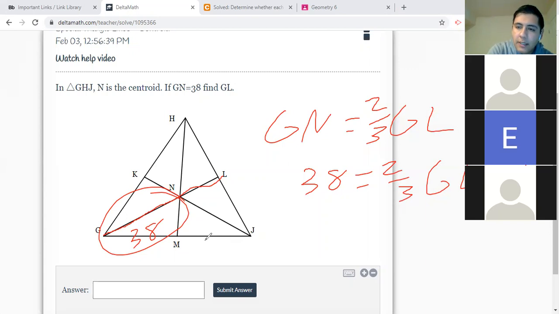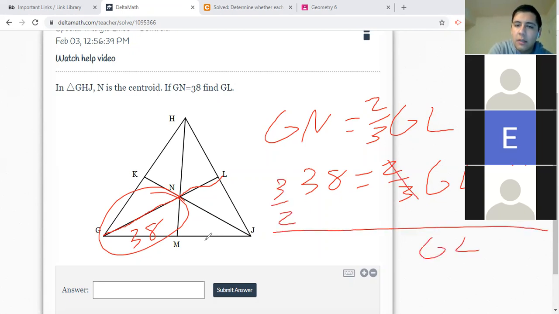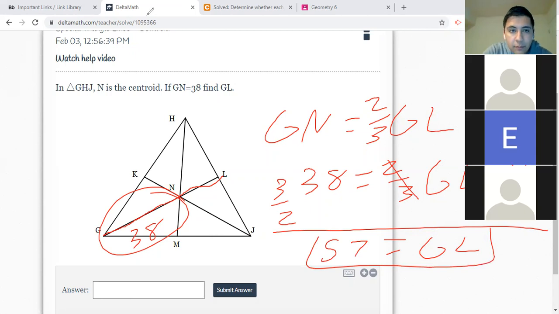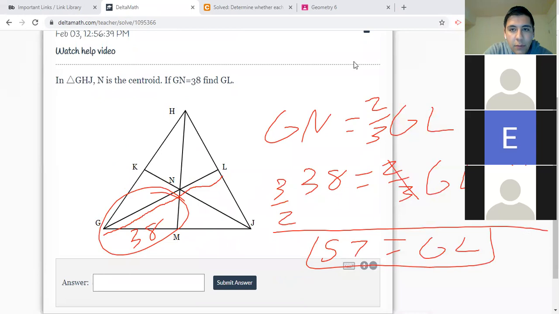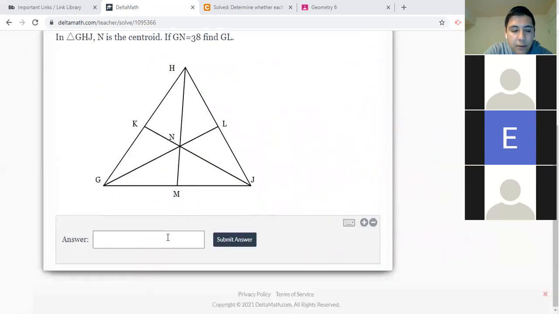But don't forget it's not 2/3, it's the reciprocal, 3/2. Okay? So GL is equal to 38 times 3 divided by 2, which is 57. So the entire thing would be equal to 57.